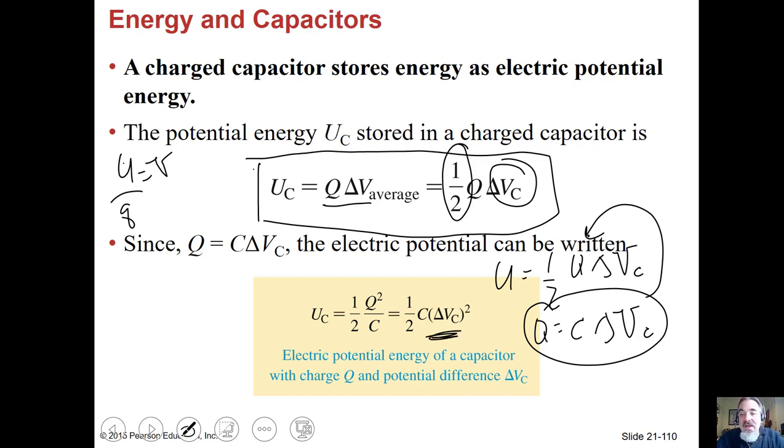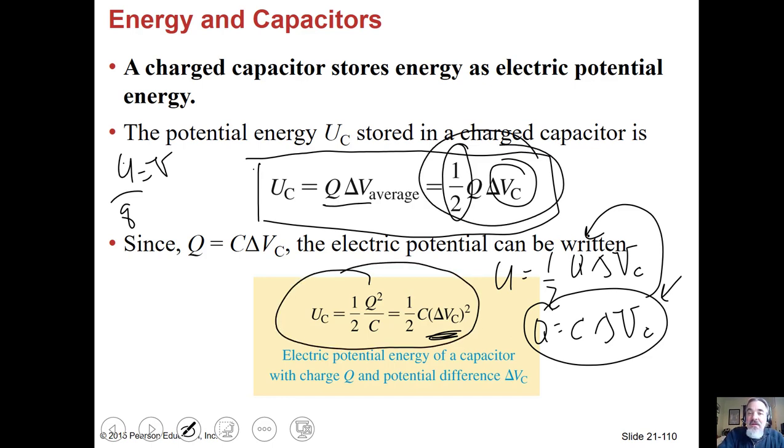You could also, from the formula, eliminate delta V by solving for delta V in this formula and plugging it in. So there's 3 different ways of writing it. Here are 2 of them, and then here's the 3rd one. So 1/2 Q delta V, or 1/2 Q squared over C, or 1/2 C times delta V squared. Okay, it all comes from this idea though. So 3 different ways of writing the energy stored in a capacitor.